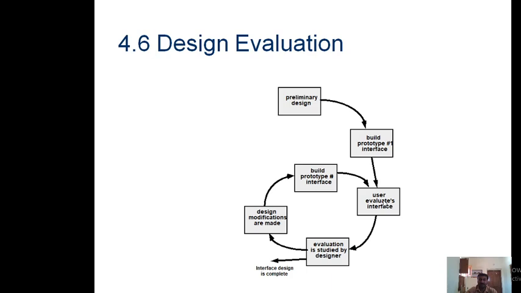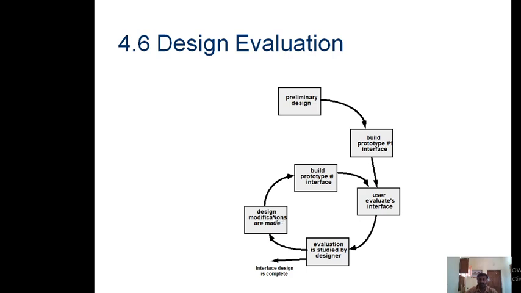If he evaluates it and is satisfied with the design, he passes that to the designers. The designer also evaluates it, and if satisfied, the interface design is completed up to that point. Otherwise, if the user or the designer is not satisfied with the prototype, then it again asks for modification. That is the design modification stage.